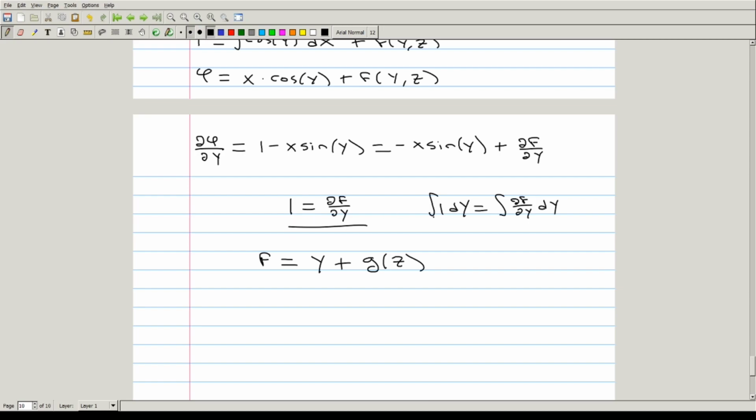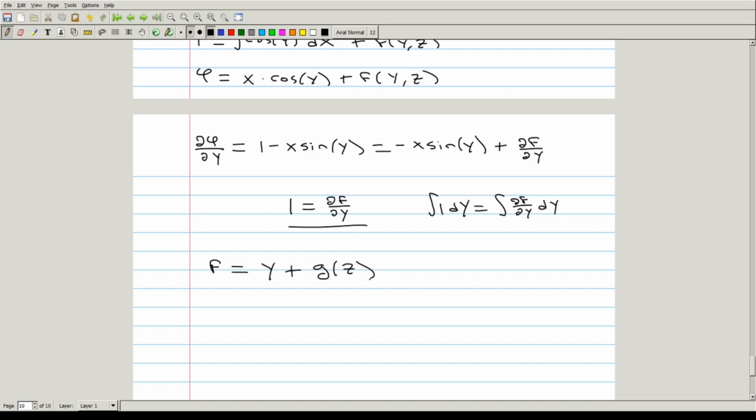So the antiderivative of 1 is going to be y plus some function g of z, a general function that we don't know yet, we have to solve for. And the antiderivative of this with respect to y is just going to be f.